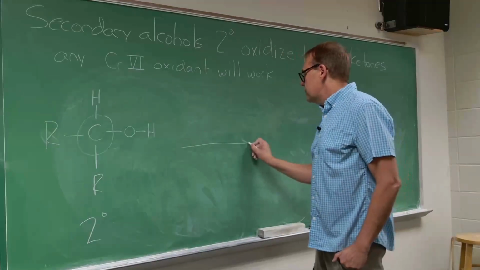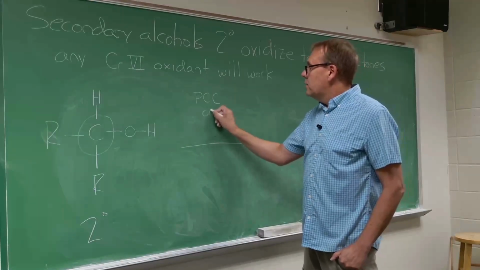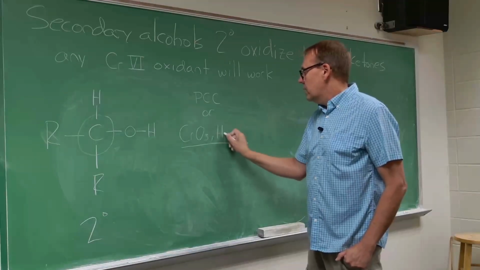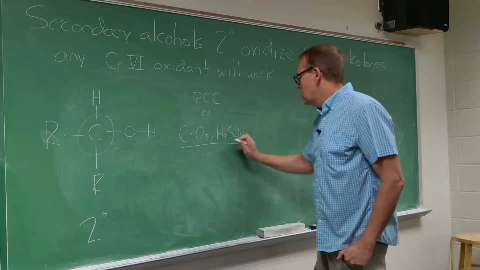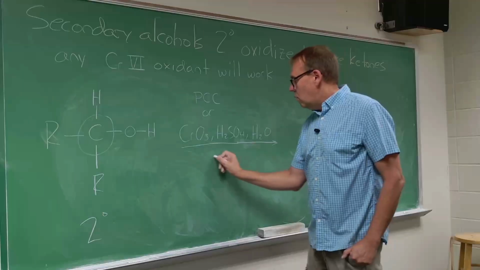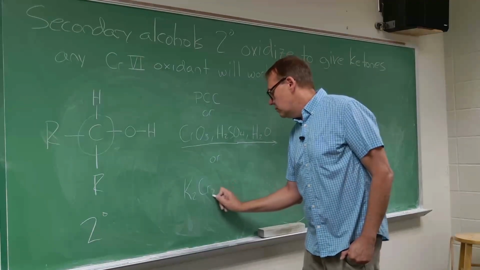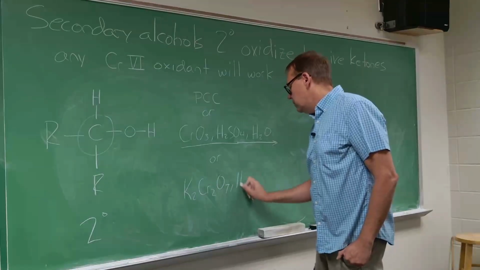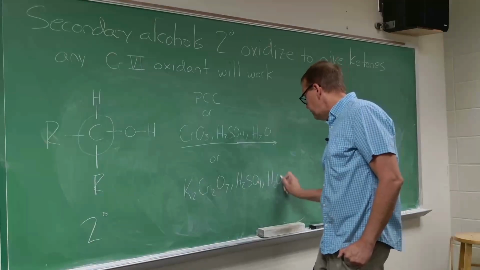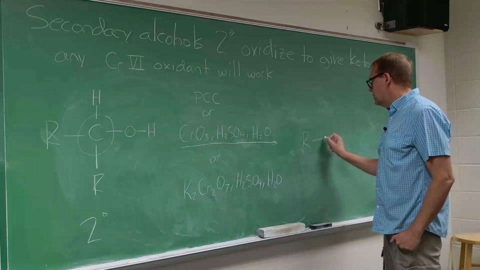The reagents are, you can use PCC, or you can use chromium trioxide, sulfuric acid, and water. Or you can use potassium dichromate, K2Cr2O7, H2SO4, and water. And no matter what you do, you're going to get out a ketone.